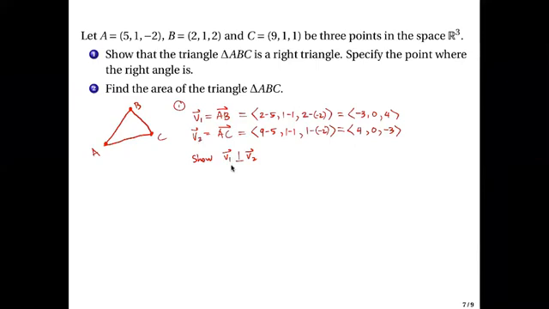We want to show that they are perpendicular. To show that they are perpendicular, it's enough to show that their dot product, remember that? V1 dot V2, we want to show that this is equal to 0.